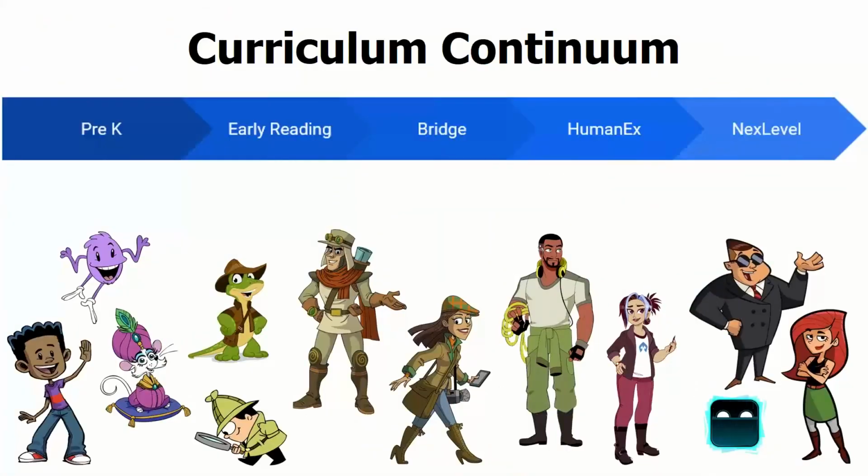The curriculum itself is based on, and students fall into the curriculum based on, how they performed on the assessment. So once students have taken the assessment, they will fall into the instructional path.